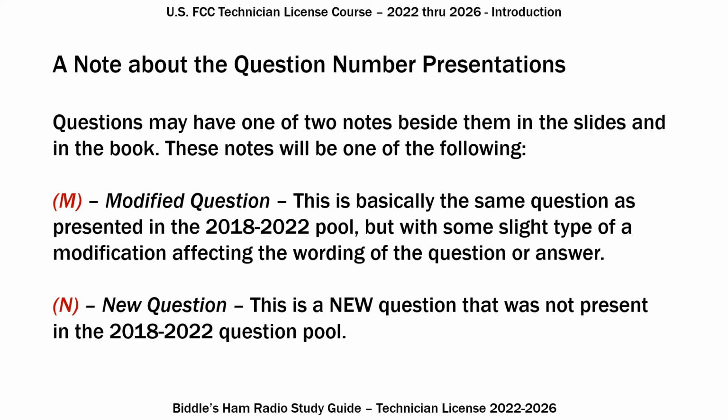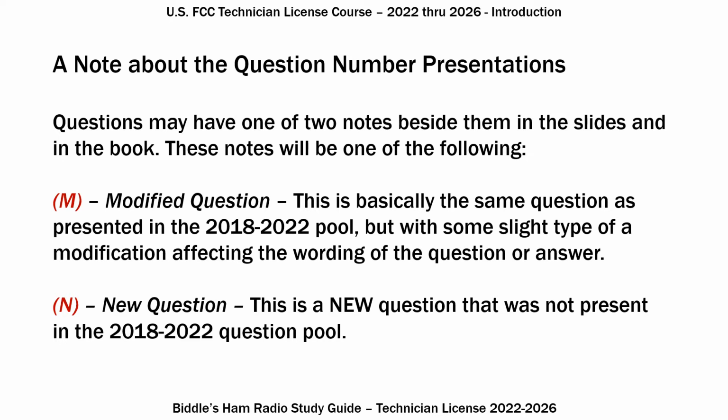Okay, a note about the question number presentations. Questions may have one of two notes beside them on the slides and in the book. These notes will be one of the following: either an M, which represents a modified question. This is basically the same question as presented in the 2018 through 2022 pool, but with some slight modification affecting the wording of the question or the answer.